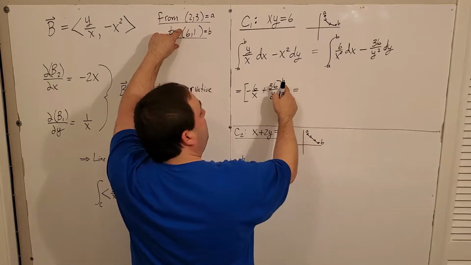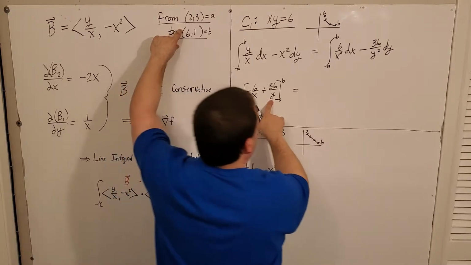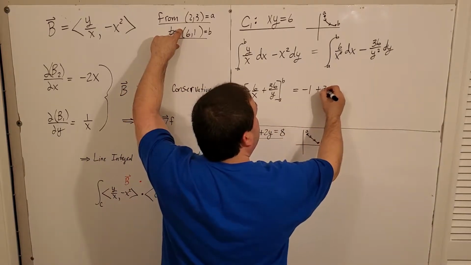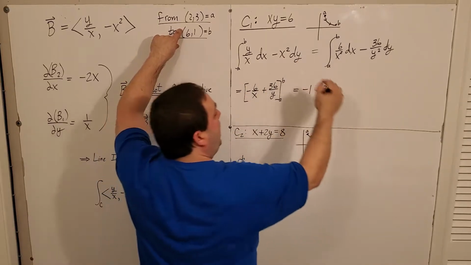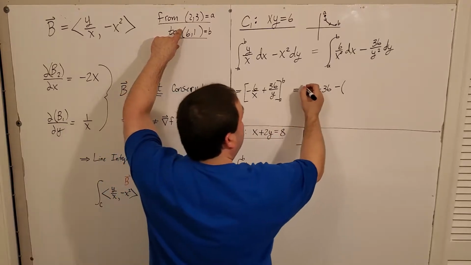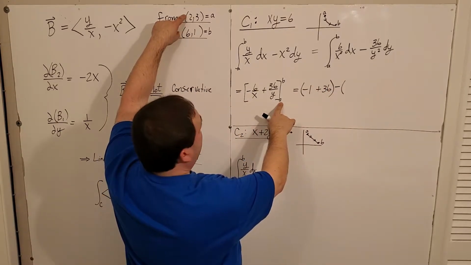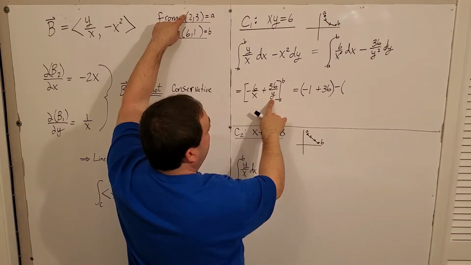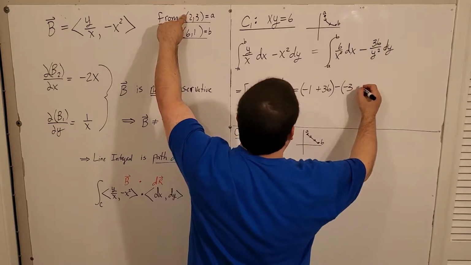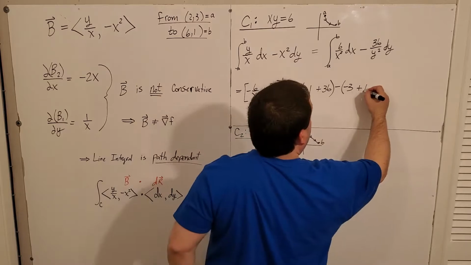So when I plug in B, I'll be plugging in 6 and 1, so that's going to give me negative 1 plus 36, minus, if I plug in A, which is 2 and 3, 6 over 2 is negative 3, and 36 over 3 is 12.